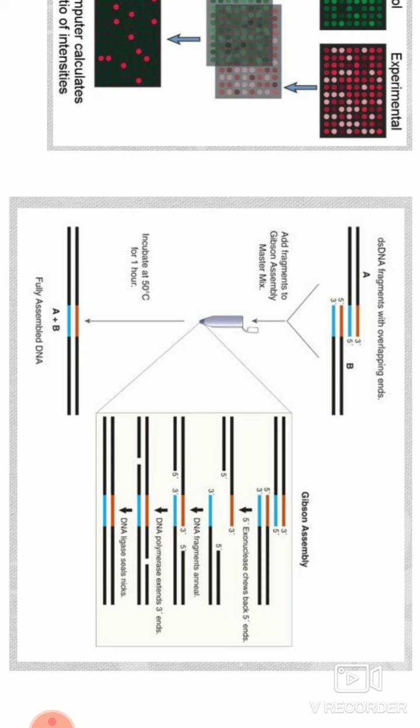Assembly PCR is not like that, you're not digesting, but using the PCR primers you are selectively amplifying two different genes and then assembling them in PCR only.